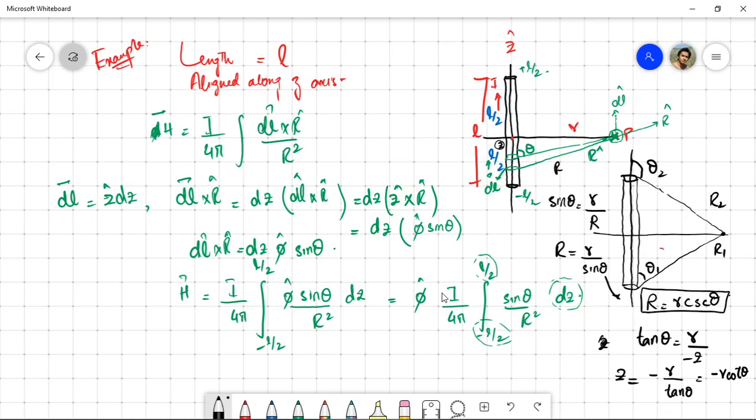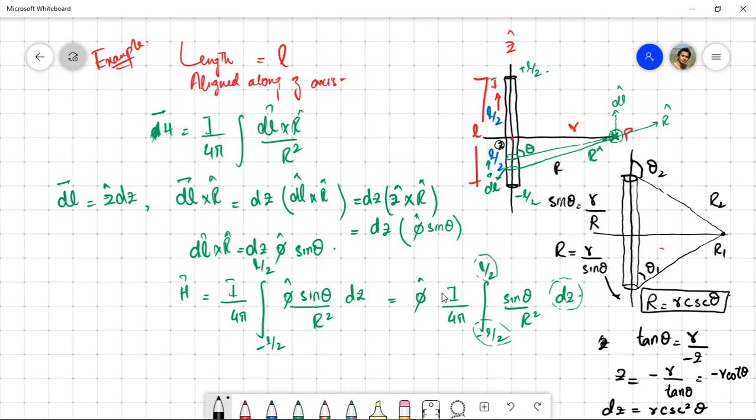And if we want the value of dz, we'll take the differential on both sides. The differential of cot theta is minus cosecant square theta, so this minus will neutralize that minus sign, and this will become r cosecant square theta.